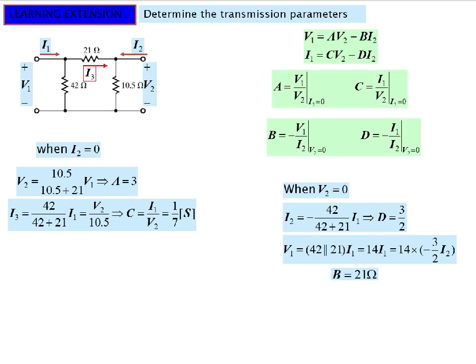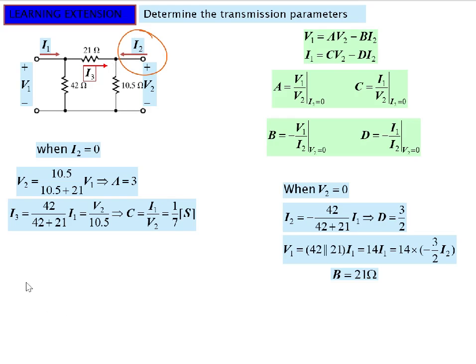Here we have a pi circuit, and we want to calculate the ABCD parameters for such a circuit, the transmission parameters. So what will we do? We will make I2 equal to 0, and then we will make V2 equal to 0. If we check these equations, if we make I1 equal to 0, what will that mean?